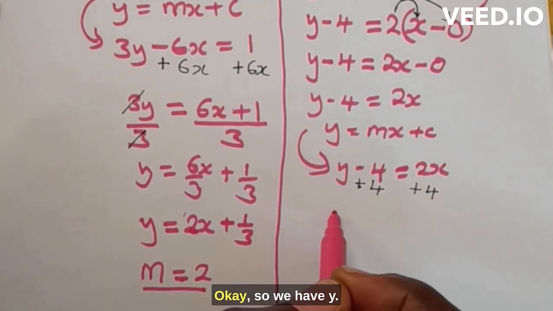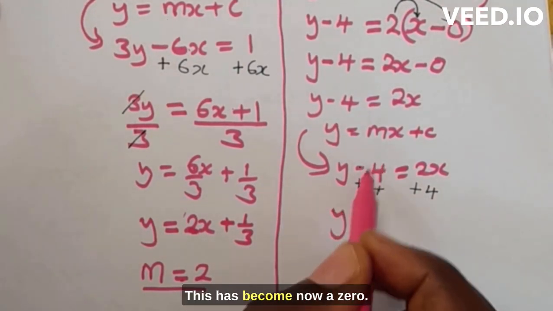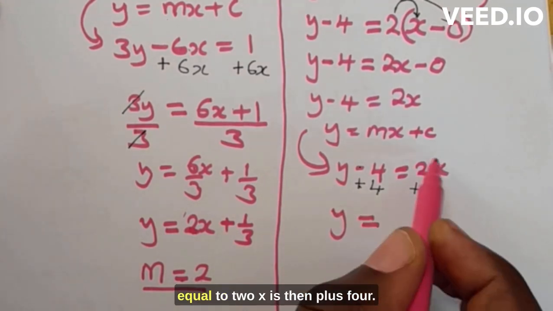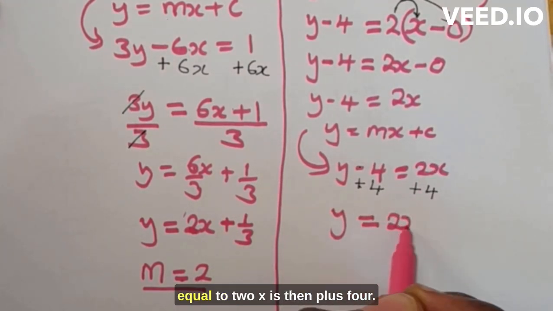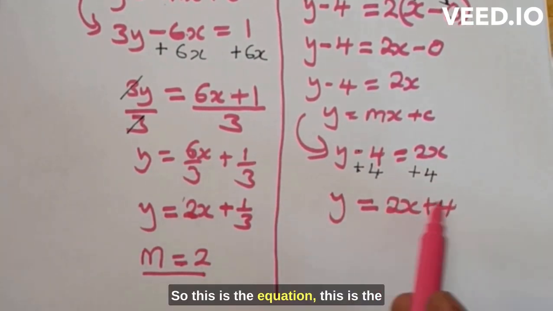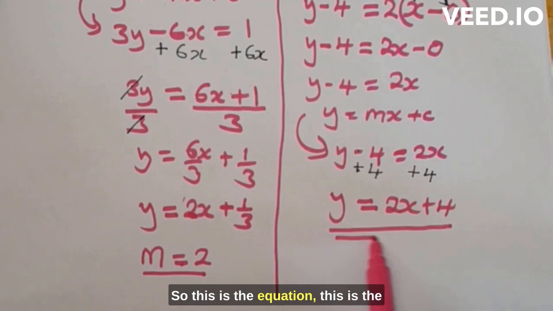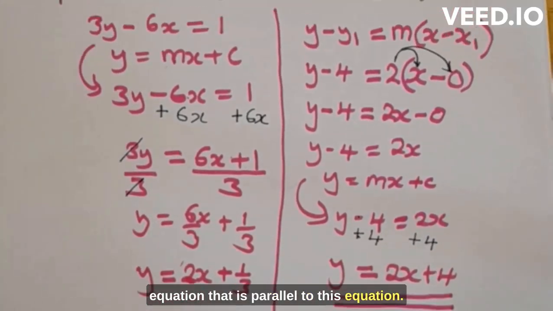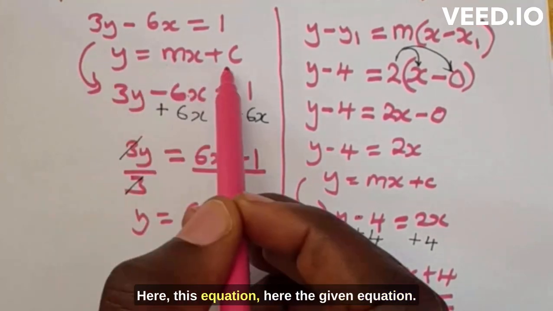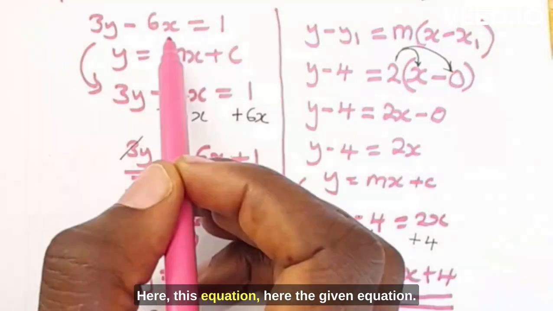So we remain with y is equal to 2x plus 4. This is the equation that is parallel to the given equation.